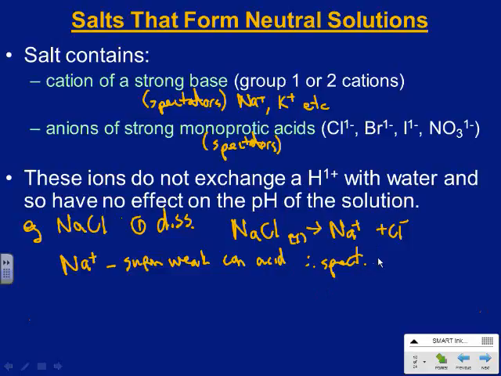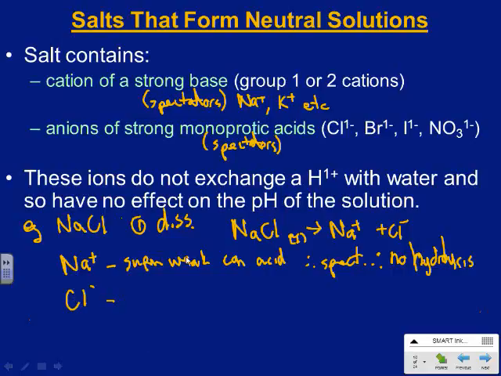If it's a spectator, therefore, no hydrolysis. And if you can't spell, you have to say it that way. Hydrolysis, and that's a Y. Yeah, that's the ugliest hydrolysis that you've ever seen. But I'm not fixing it because I'm recording. Does it make sense, though? Sodium came from sodium hydroxide. Sodium is a super weak conjugate something, and it is not going to react with the water whatsoever.